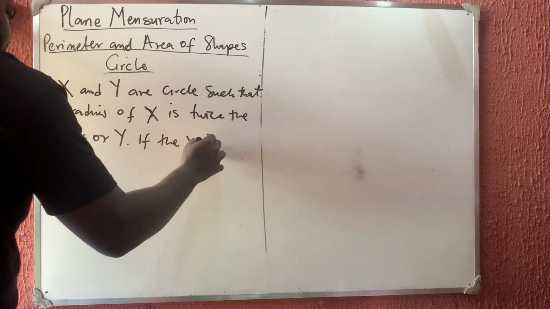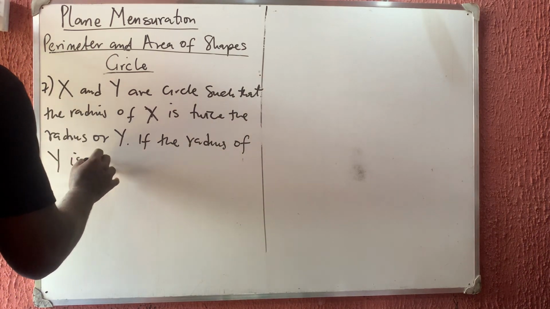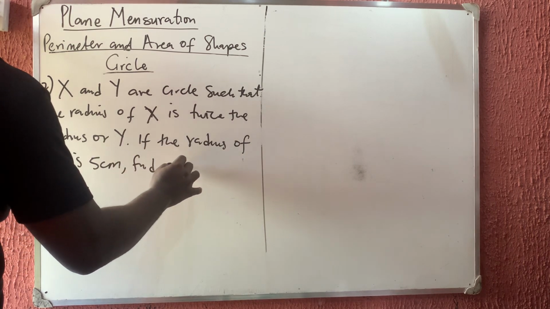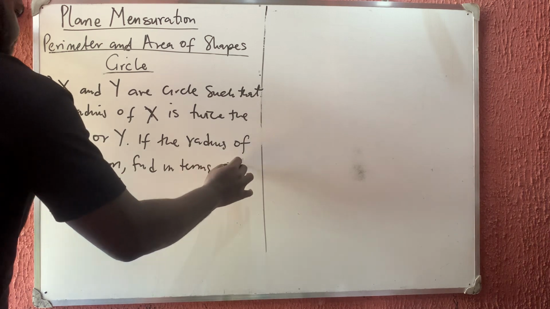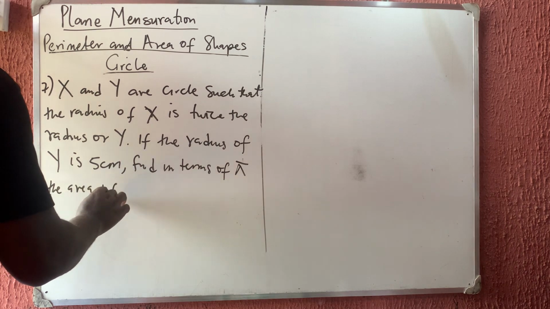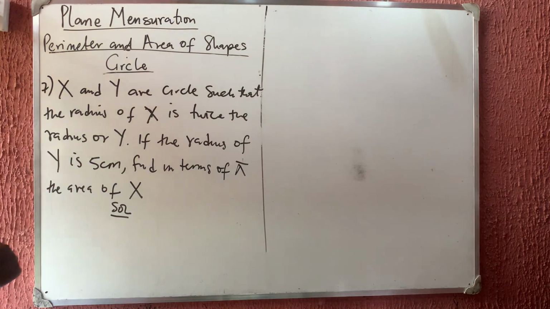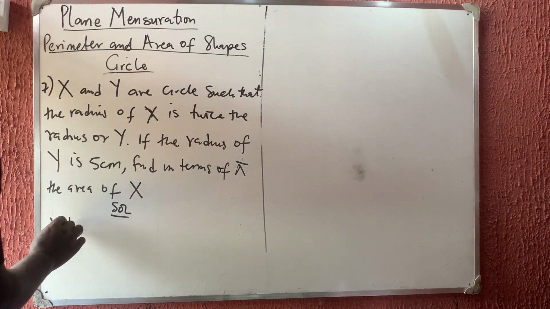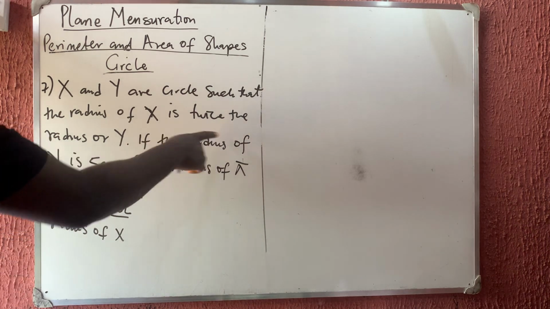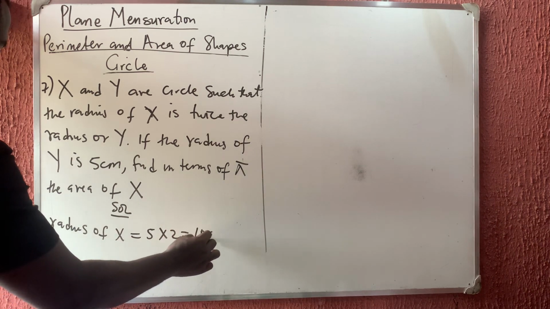If the radius of y is 5 cm, find in terms of pi the area of x. Solution. They say the radius of x is twice the radius of y. So the radius of x is obviously 5 times 2, which is 10 cm.